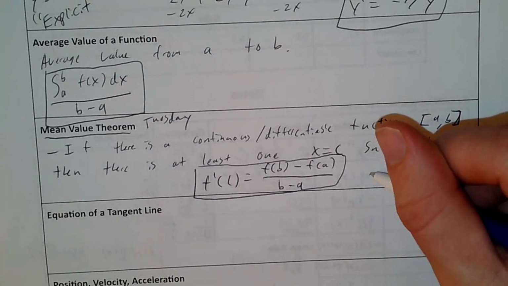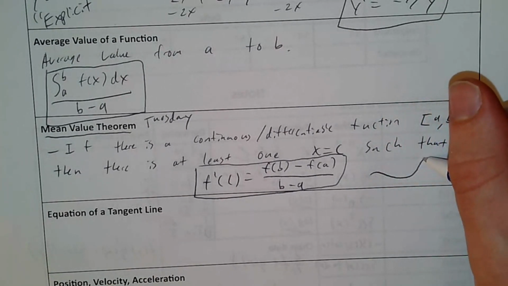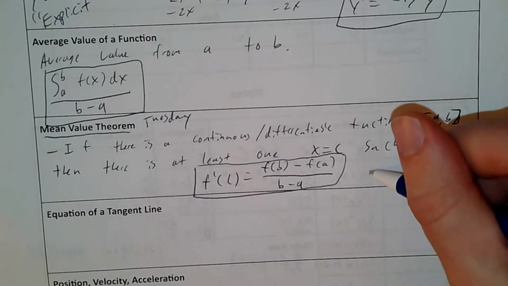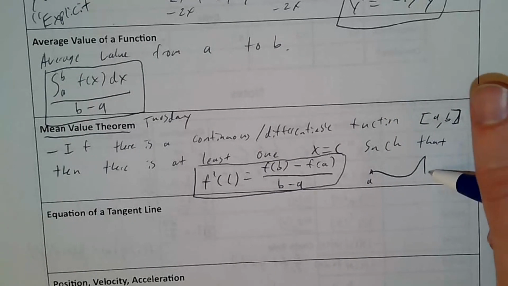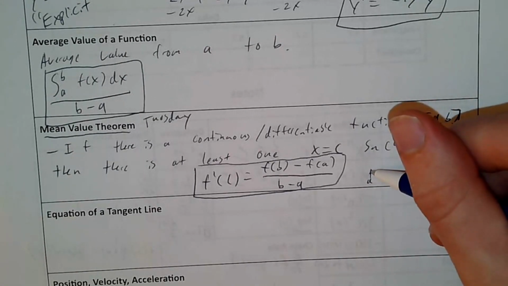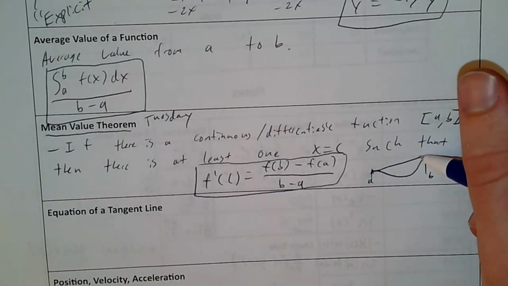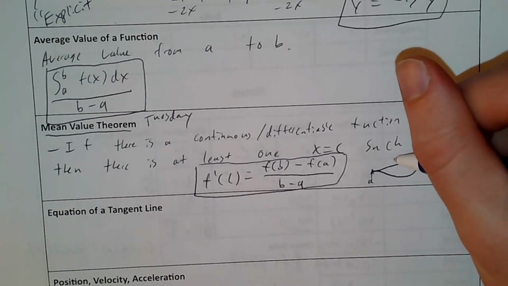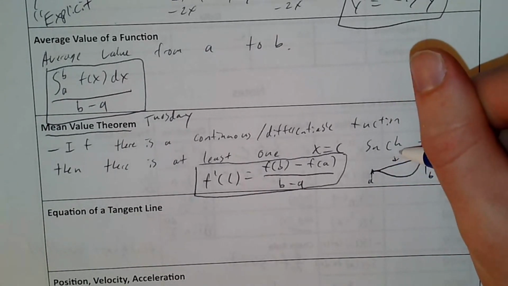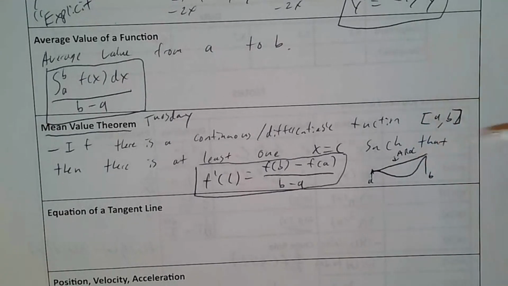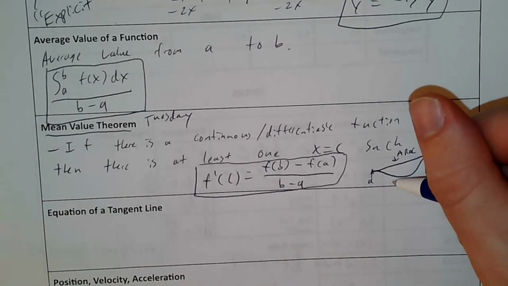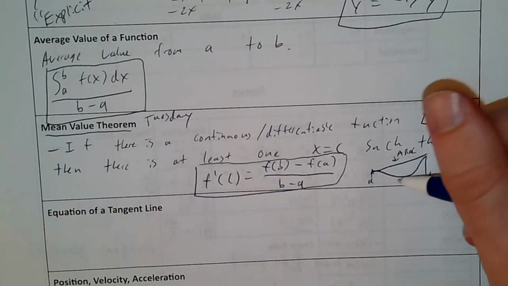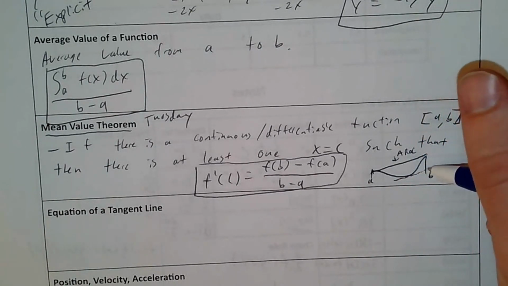So, like, let me draw an example maybe. Let's say this is our function, like this is our a and this is our b. Okay, and you can see the average rate of change is this. This is the average rate of change. Notice there is some point, probably right around here.